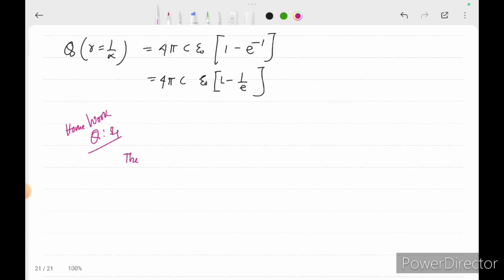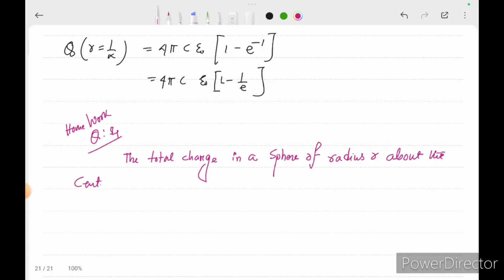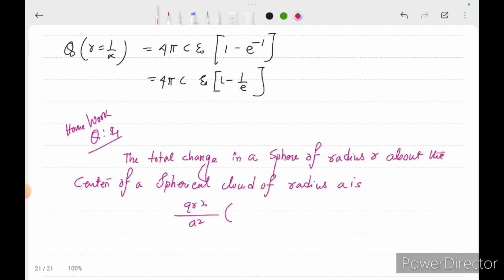The total charge in a sphere of radius r about the center of a spherical cloud of radius a is Q r square upon a square into e to the power minus r by a minus e to the power minus 2r by a.